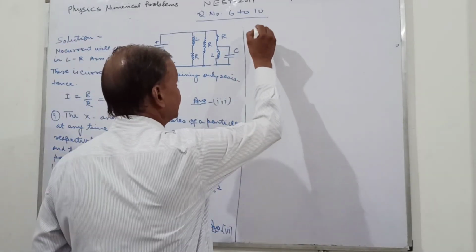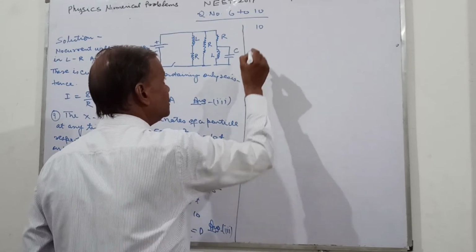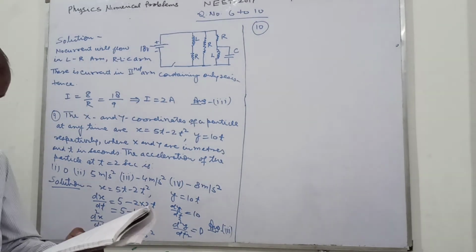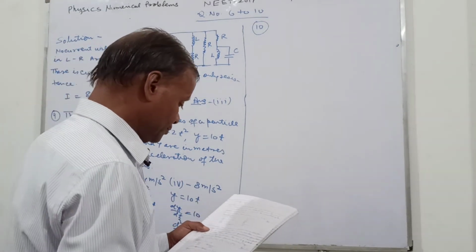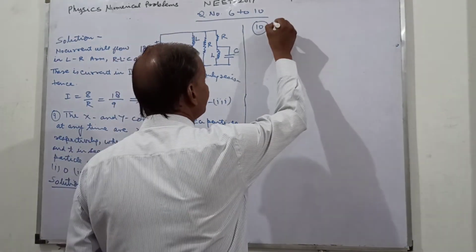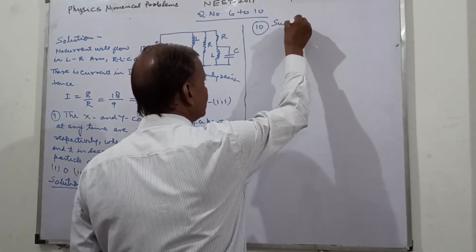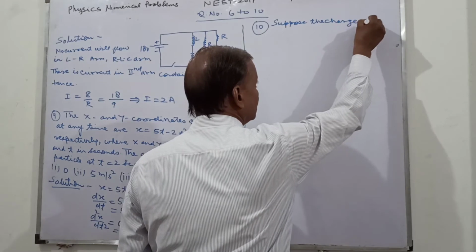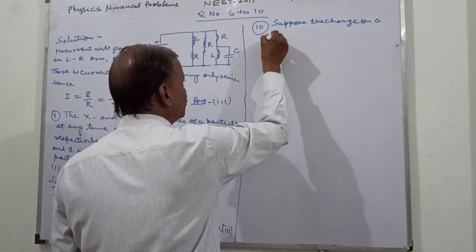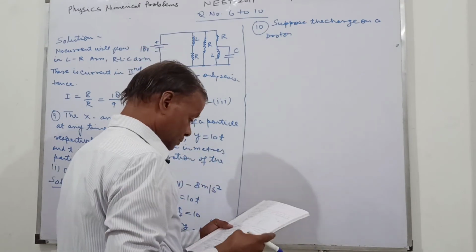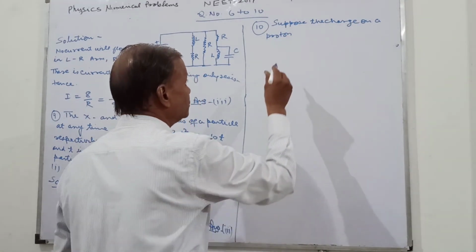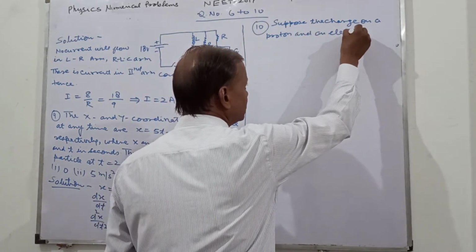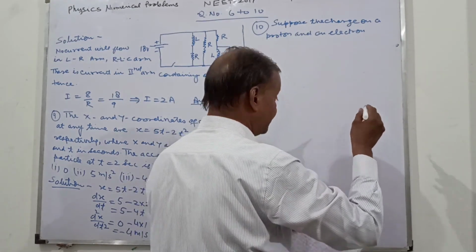And now question number 10. Suppose the charge on a proton and an electron differ slightly.